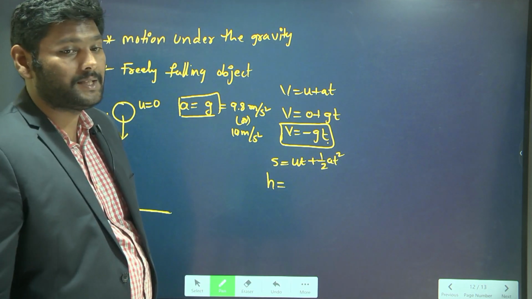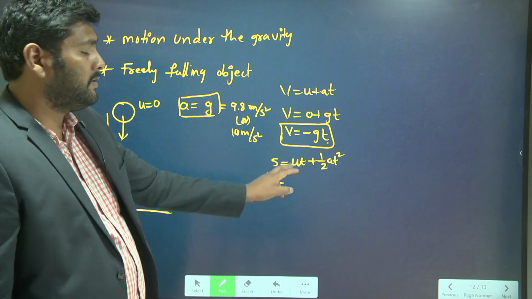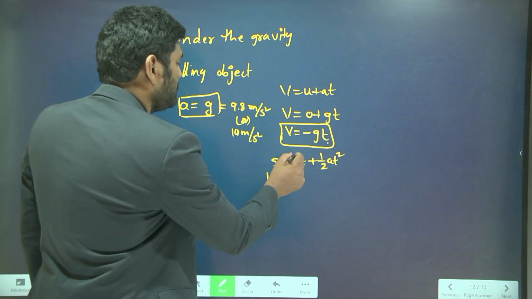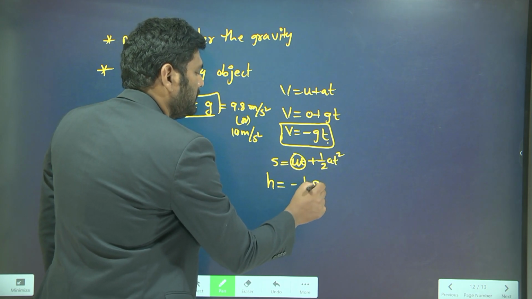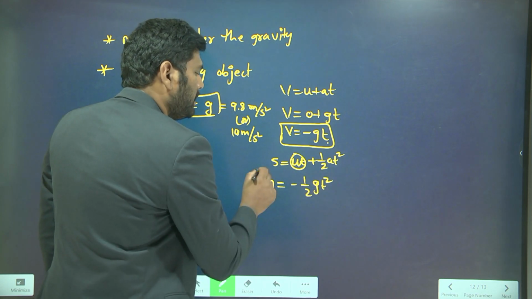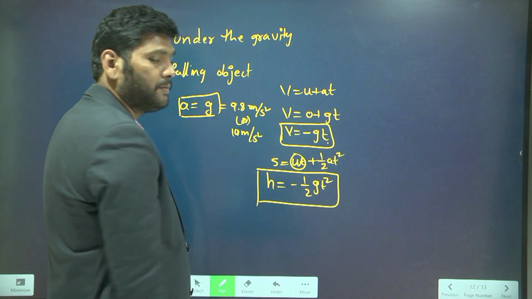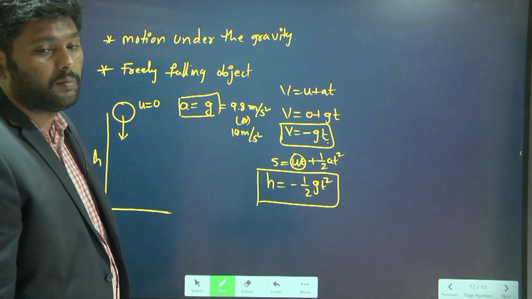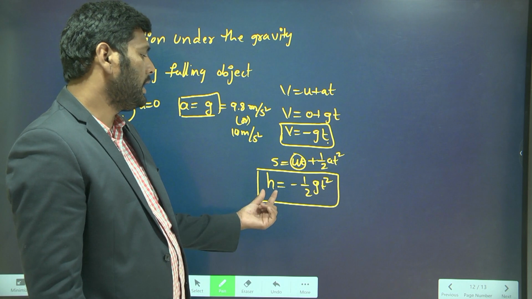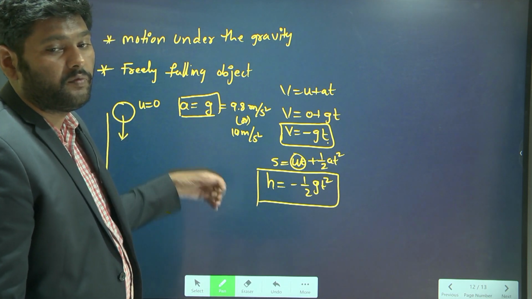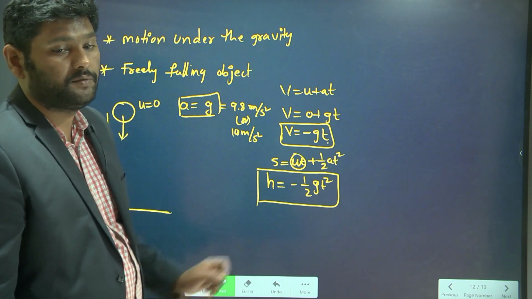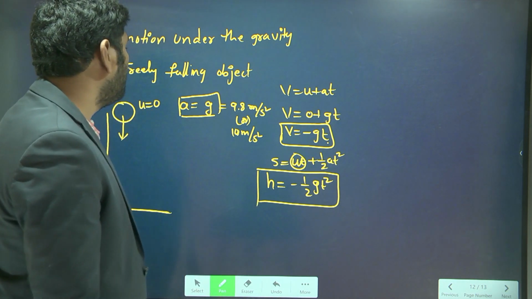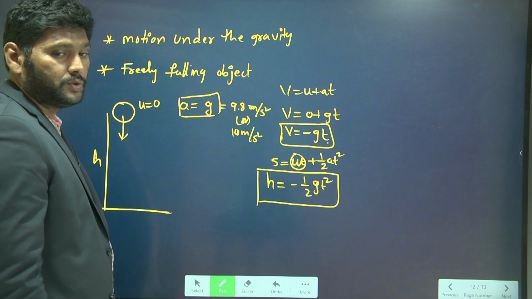What is the initial velocity for this situation? Initial velocity is 0, so this term becomes 0. The next term becomes half g t square. So this is how the second equation of motion changes for the freely falling body situation. This gives the height of the object from where it is falling in a time t with an acceleration of g.